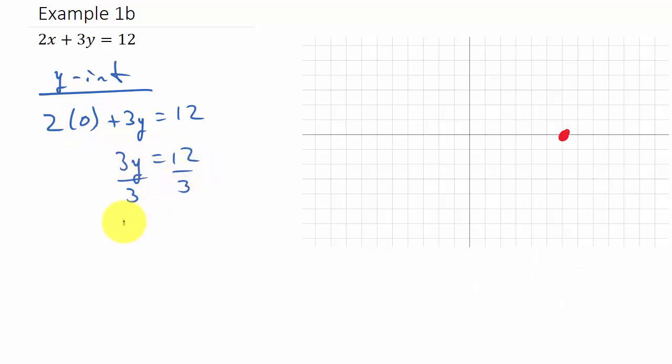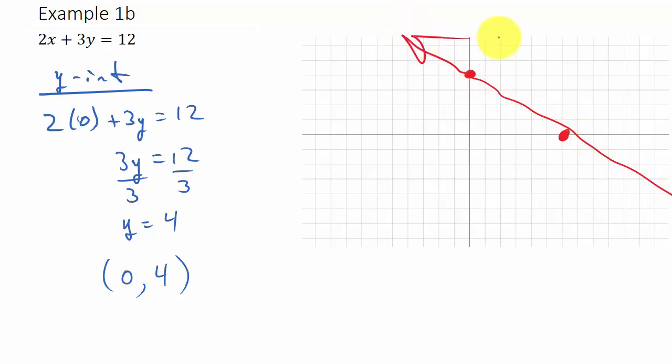Divide by 3, y equals 4. So our point here is (0, 4). See, x was 0, there's our x coordinate, y is 4. And so let's plot that point, (0, 4). So 0, 1, 2, 3, 4. And we've got 2 points. And I know the line isn't perfect, a little wiggle there. It gets slippery right on the screen.